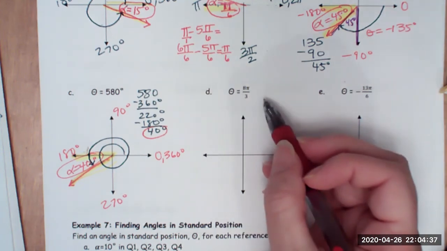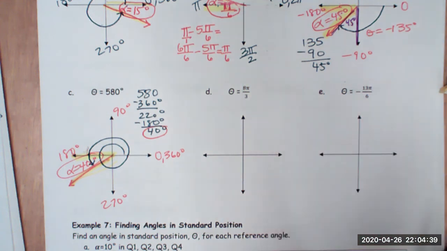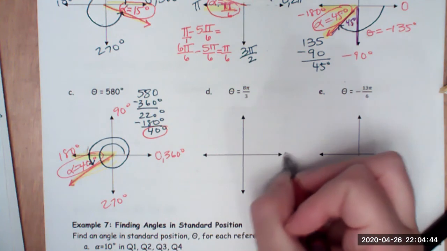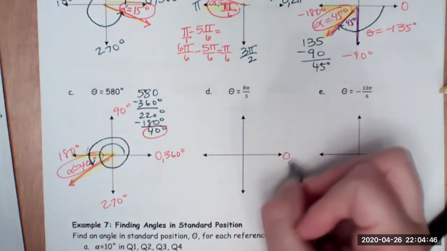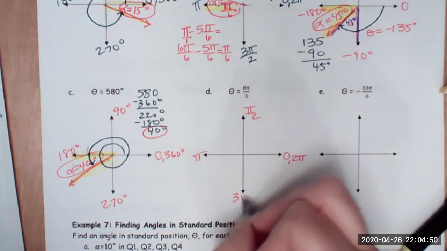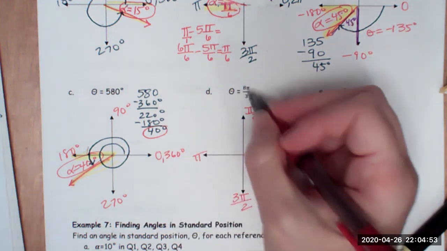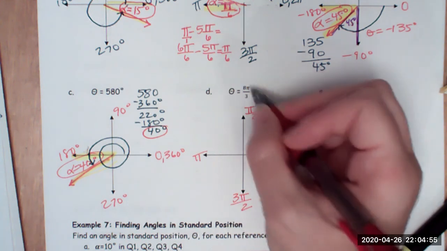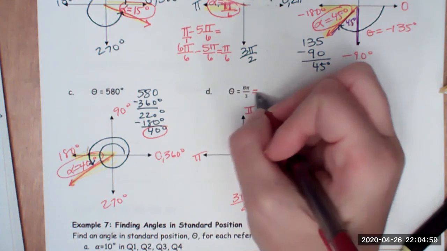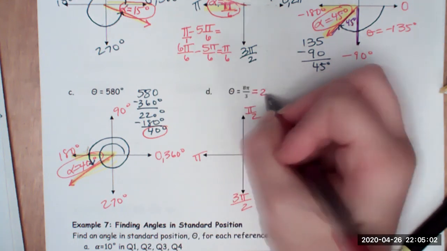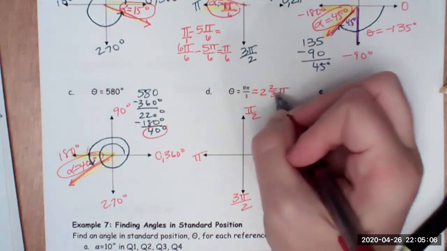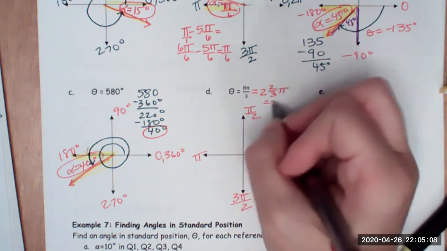Okay, so we've got 8 pi over 3 here. So to figure that out, let's label. We've got 0, and of course 2 pi, pi over 2, pi, 3 pi over 2. Okay, so now to figure this one out, 8 pi over 3 is going to be the same as 8/3, which is the same as 2 and 2/3 pi, or 2 pi and another 2/3 of pi.